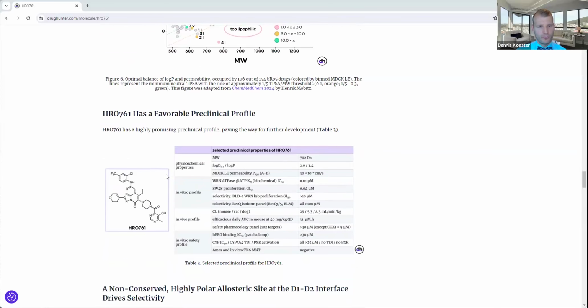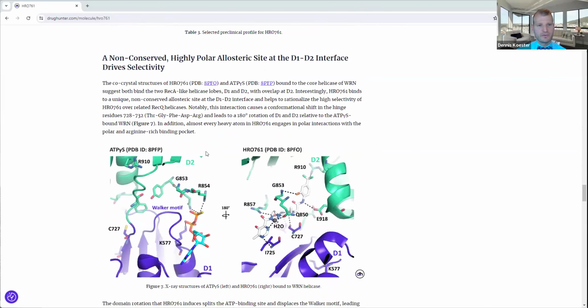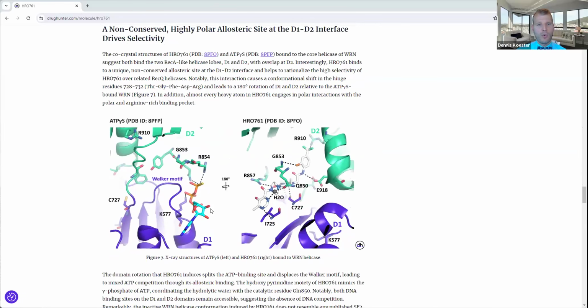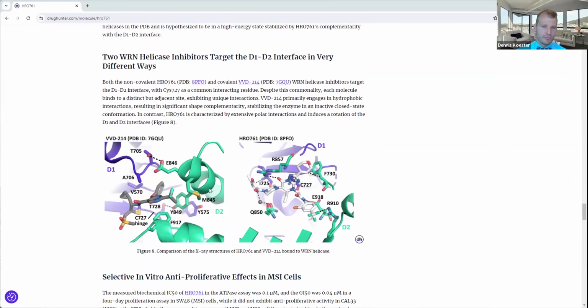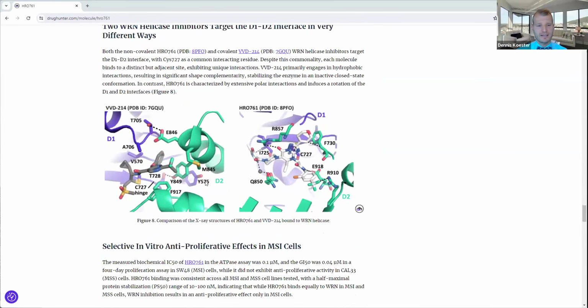There's a preclinical profile of the compound. We dive into the binding mode and how that binding mode differentiates from the binding mode of other, maybe covalent, Werner helicase inhibitors.